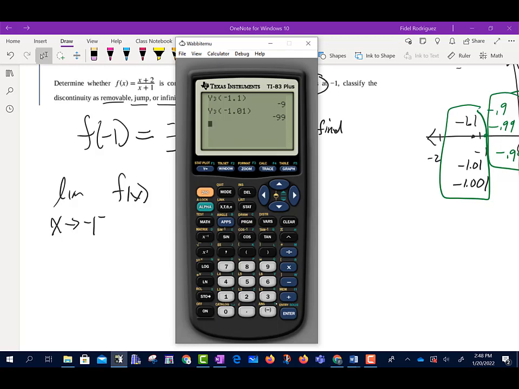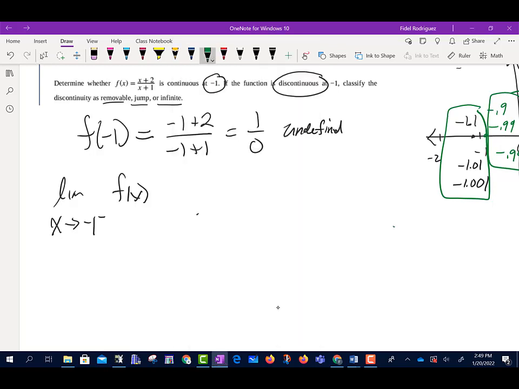I'm at y equals -9. Now I'm at y equals -99, right? My guess is the next one is going to be even smaller. So if I now type in -1.001, my guess, -999, there we go. Okay, so as I'm coming in from the left, we are approaching -infinity, right?